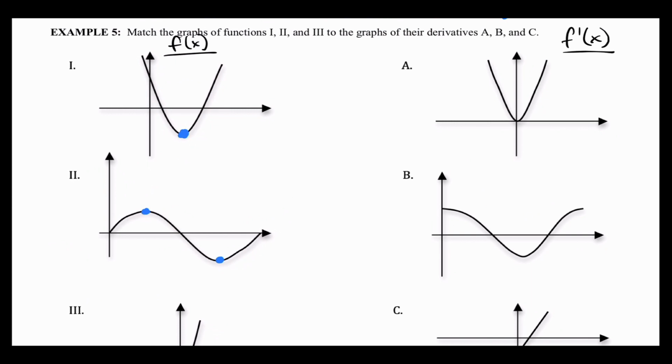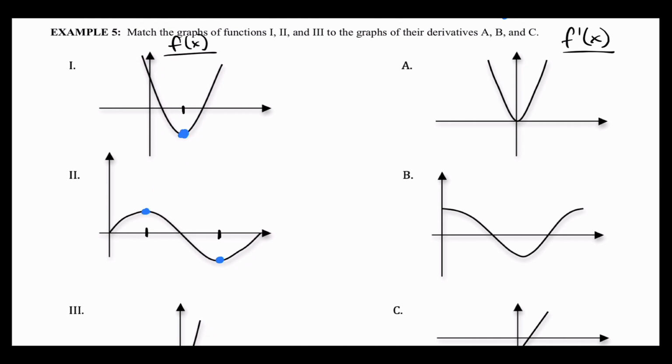Well, at this point here, and at this point here, and at this point here, what is the slope at those little tick marks? What is the slope here, here, and here? 0, right? Where is 0 on the graph?